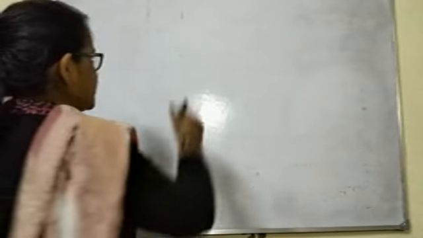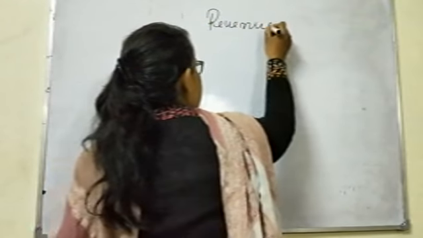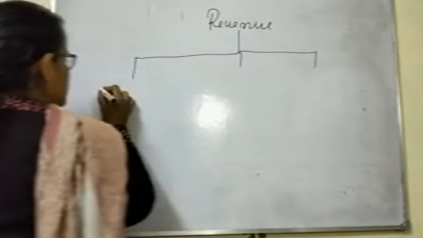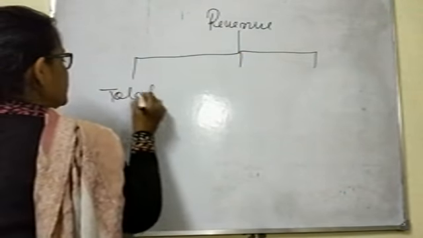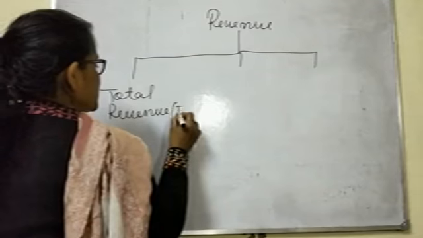So we have started revenue, and revenue is of three types. Total revenue, that is TR.